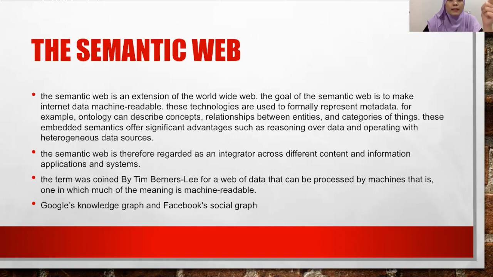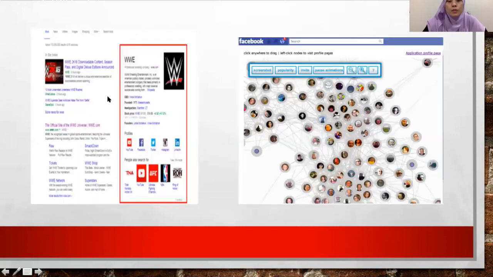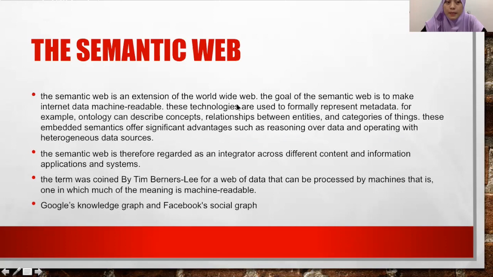So the semantic web is an extension of the World Wide Web. The goal of the semantic web is to make internet data machine readable. This is the term that you must understand. Whatever information goes through the internet, the machine, the computer, the systems can read.